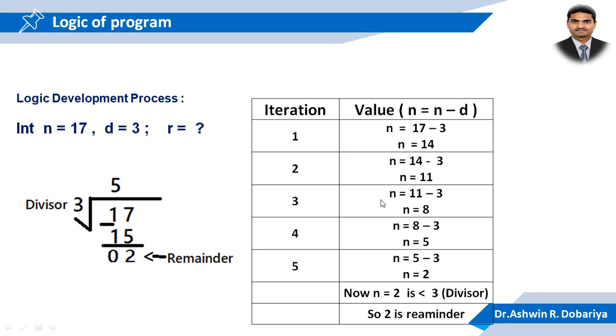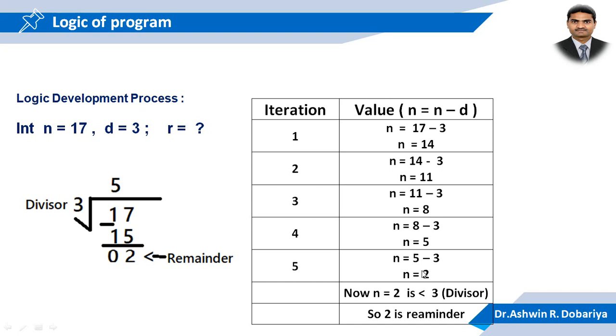In the third execution, the latest value of n is 11, we subtract 3, then it becomes 8. In the next loop, we subtract 3 and it becomes 5. Then again we subtract 3 from 5, and it becomes 2.